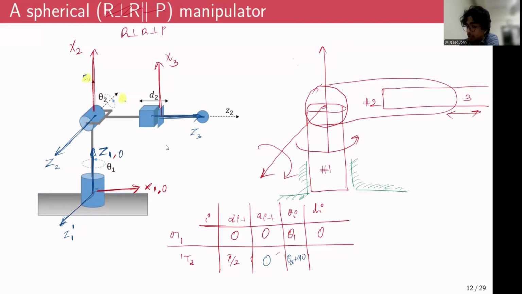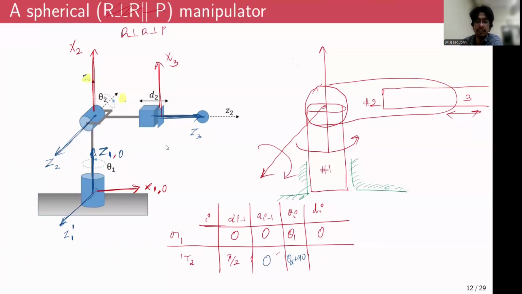And then the final parameter is the distance along Z2 we have to displace so that the perpendicular distance between X1 and X2 can be compensated. As you can see, X2 and X1, there is no perpendicular distance because they are intersecting. So we cannot offset the distance along Z2.